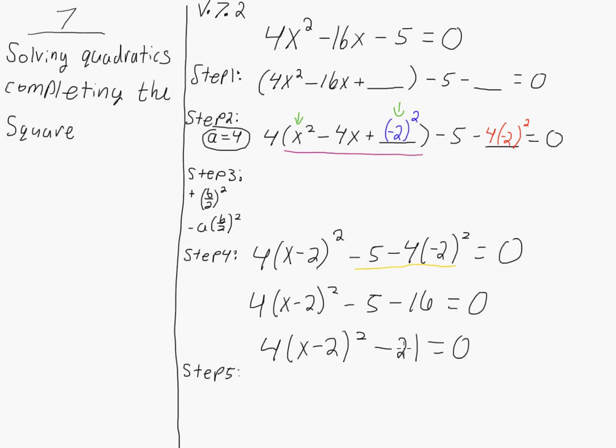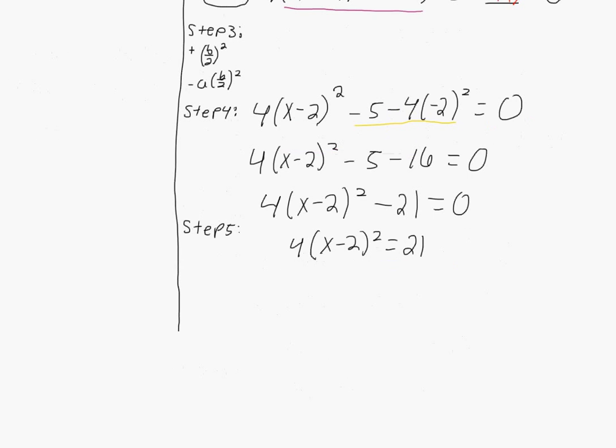Step 5. To solve the quadratic, I'm going to add 21 to both sides, and I have 4, open parentheses, x minus 2 squared equals 21. Now I can divide both sides by 4, and I have open parentheses, x minus 2 squared equals 21 over 4.